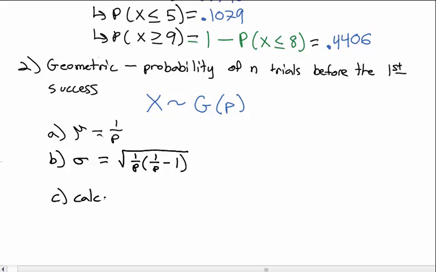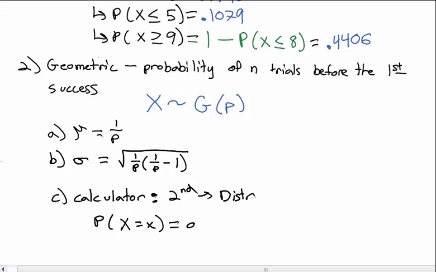And on the calculator, it's very similar to what we did before. You're going to again go second, distribution. And if we want the probability that x is equal to some numerical lowercase x value, this time we're going to grab the geometric PDF.